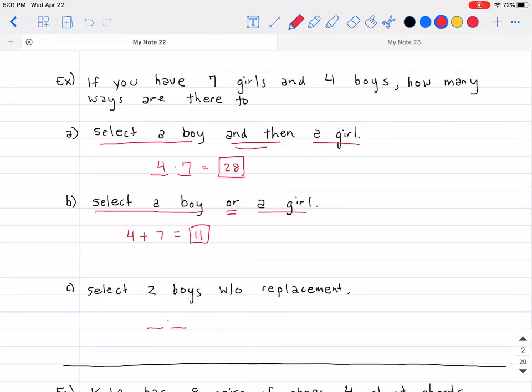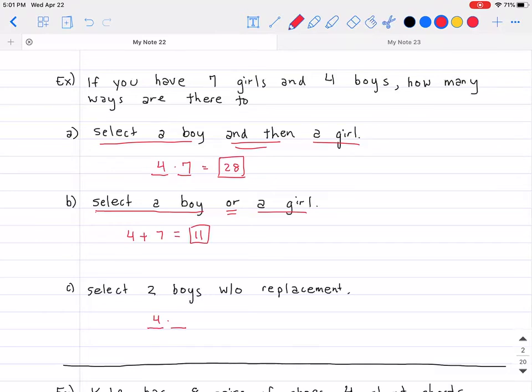Just like before in part A, we're going to set out 2 events, where we have 2 numbers multiplied by each other. In the first event, you have a boy to select from, and there are a total of 4 of them, so it's the same 4 as before. Now, the tricky part is that it says without replacement.